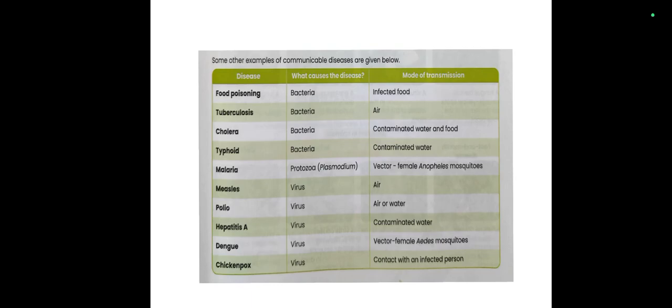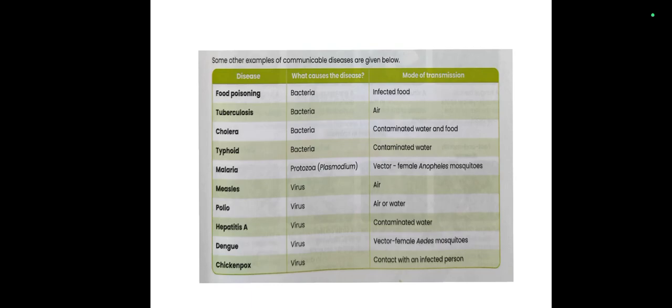It is a bacterial disease, and the good thing about bacterial disease is that they have a cure. If you take contaminated water or food, you may get infected. Typhoid is also spread by contaminated water. It is also caused by bacteria.